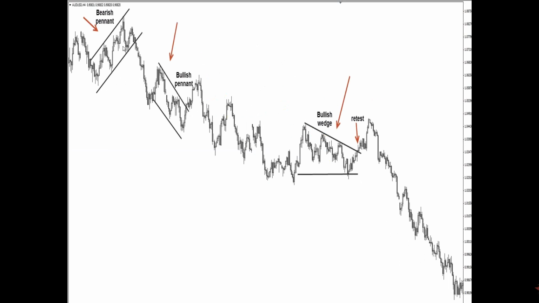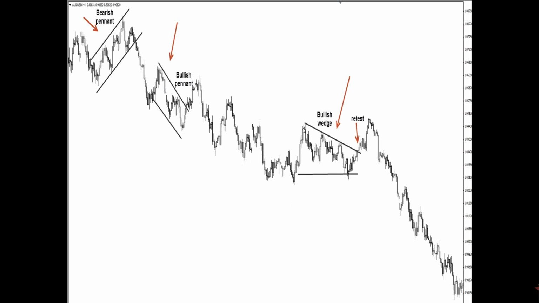Now pennants are similar to flags, but a bit different. You don't need to distinguish between the two now because they're usually more or less the same. Pennants, flags, you see now this is a bullish example. You see a downtrend and a breakout in the other direction. And the bullish wedge, you know what a wedge is.